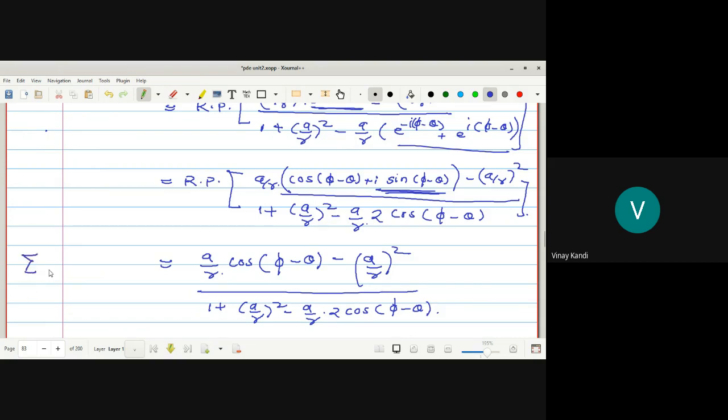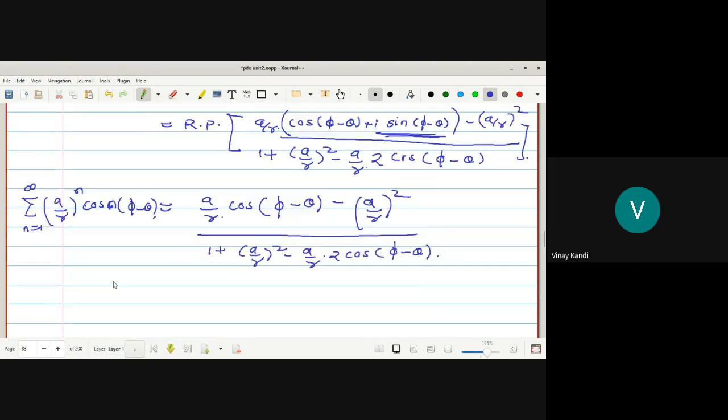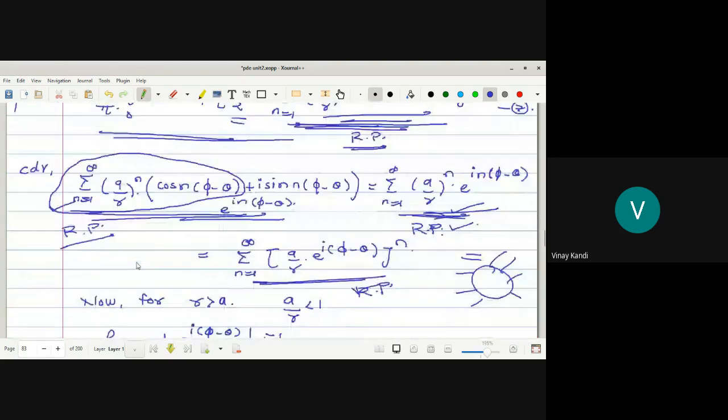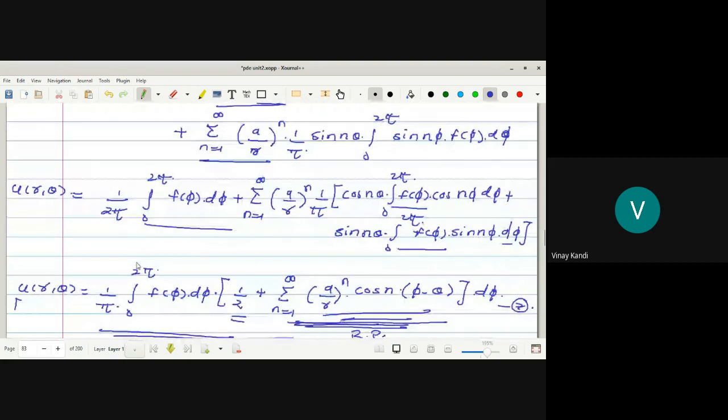कोणाची व्हॅल्यू होती ही? summation n running from 1 to infinity (a upon r) bracket raised to n into cos n phi minus theta. Okay, so put the value of this one in equation number 7. What is the equation number 7? This one. इथे put करायची value.